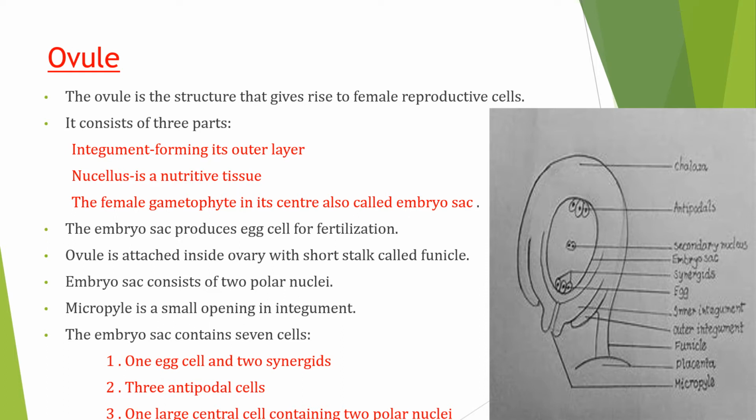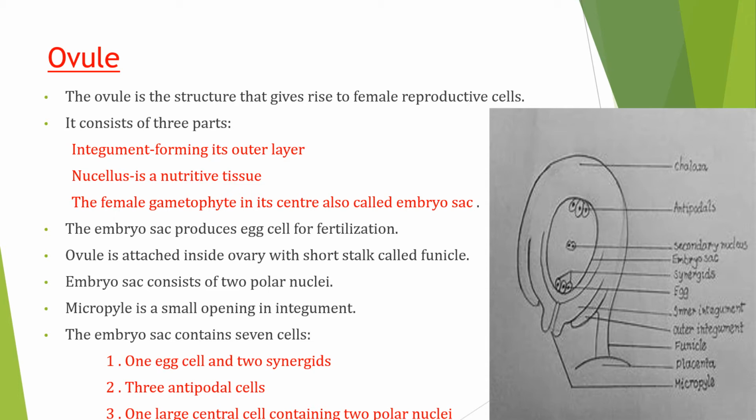Outer integument and inner integument are the main parts of the ovule. Now the ovule contains the embryo sac. The egg cells or the female gametes lie towards the micropyle. The embryo sac also contains two synergid cells and three antipodal cells.